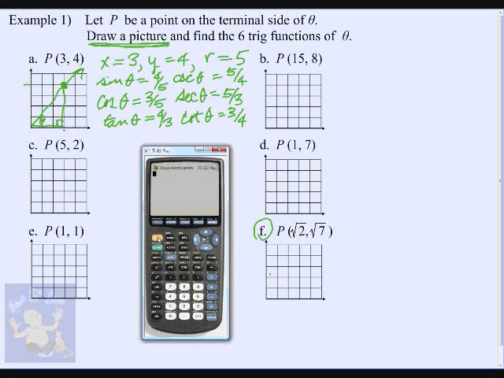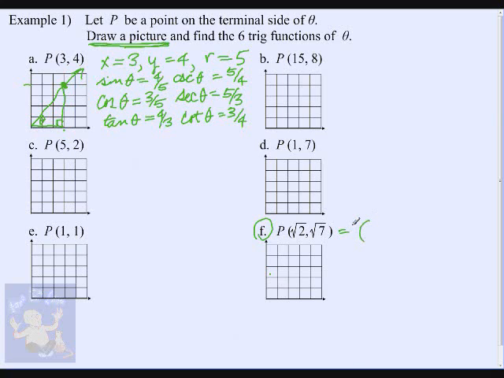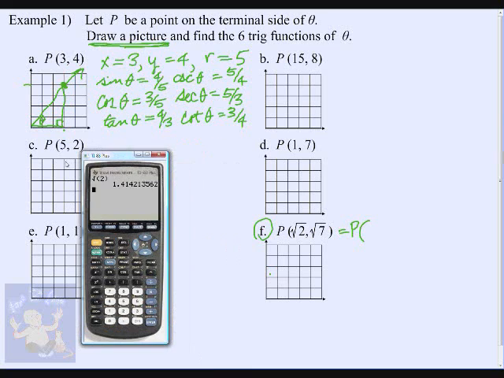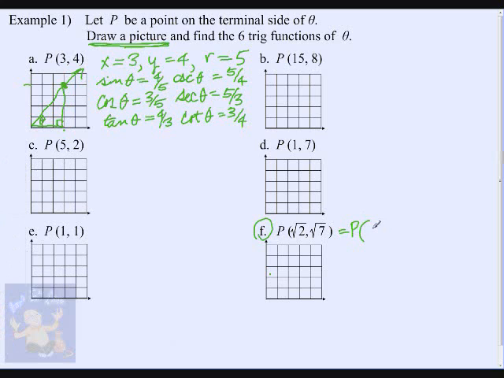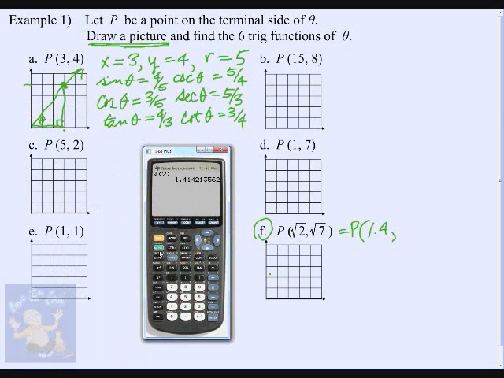I'm going to take the square root of 2, which is equal to, I'm just going to re-express it as a decimal, say 1.4, because when I go to graph this, the square root of 2 doesn't help me. I need to know what its decimal is. And then the other one I want to know is square root of 7. Okay, 2.6.